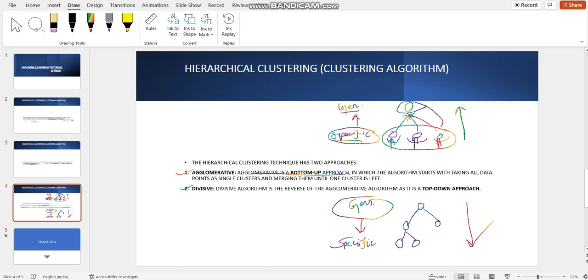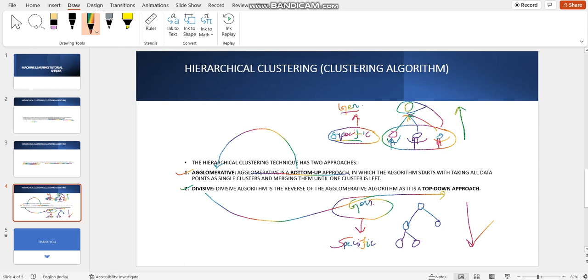We saw bottom up, and you can remember it like B will come after A. So from here you can remember that agglomerative will contain bottom up, and whatever is left will go for divisive, that is the top down approach.